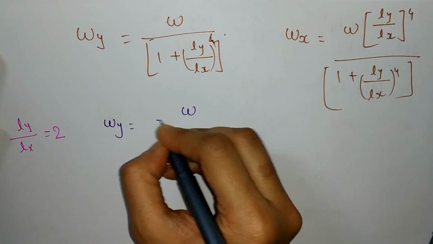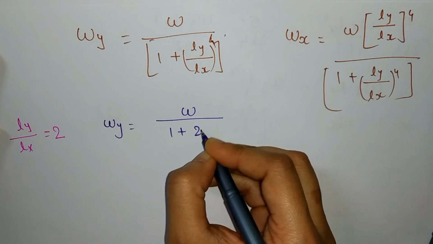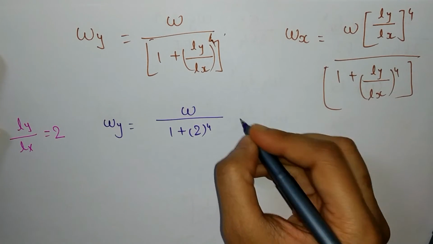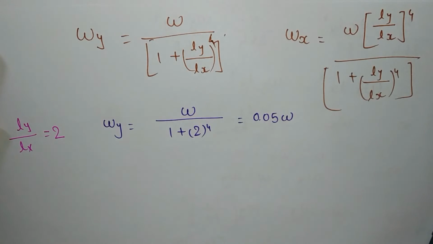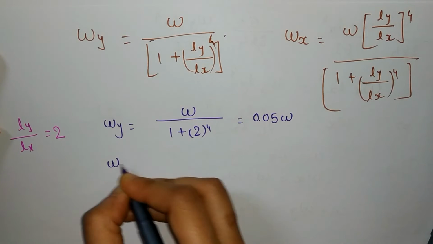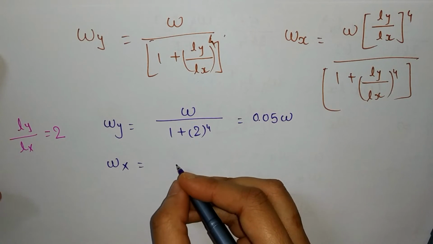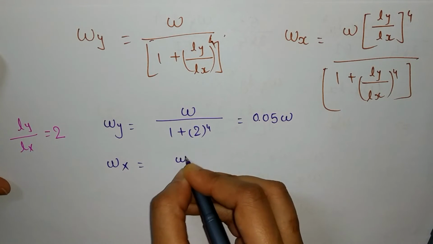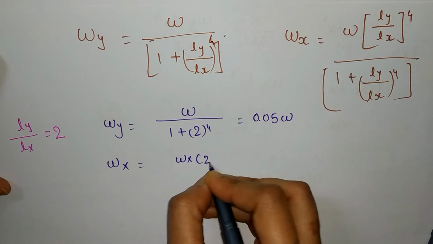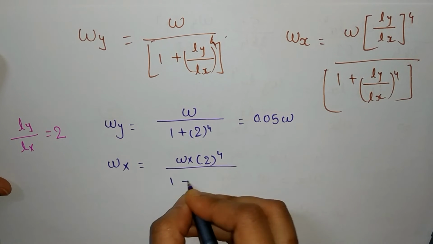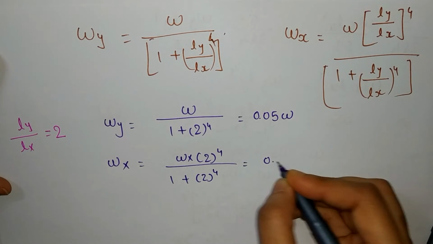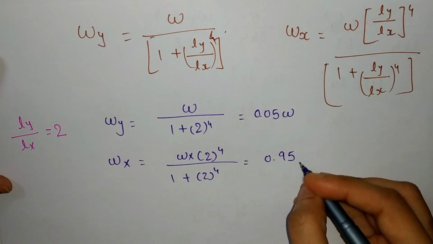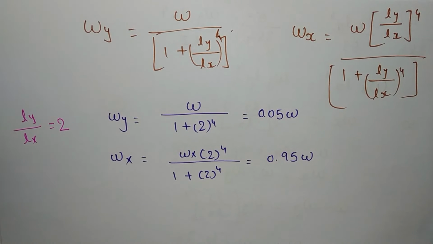It will be W upon 1 plus 2 raised to 4, and it will be 0.05 W. Now Wx will be W into 2 raised to 4 upon 1 plus 2 raised to 4, and it will be 0.95 W.